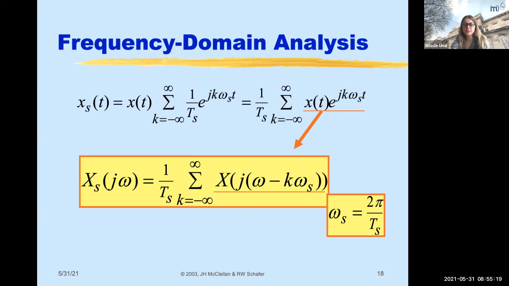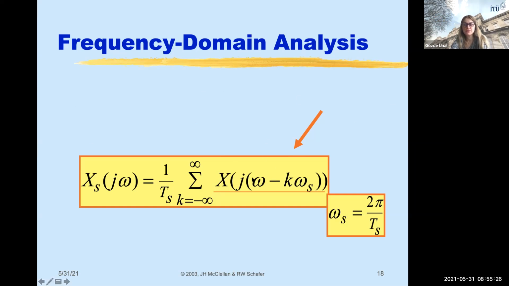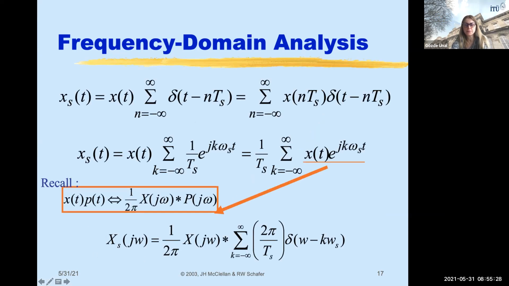Is this clear? This is very important. Maybe you can just neglect the derivation. This is just the result of this bottom line here. Any signal x in time domain, take its Fourier transform, x of j omega.